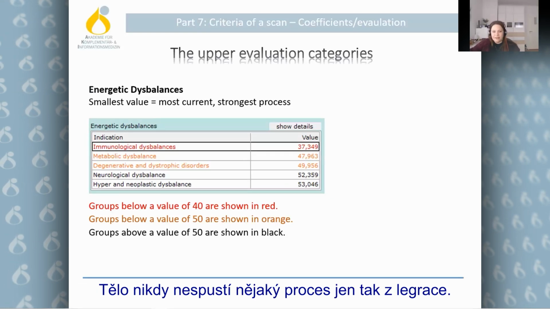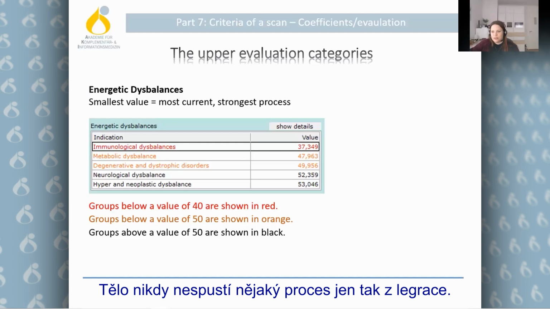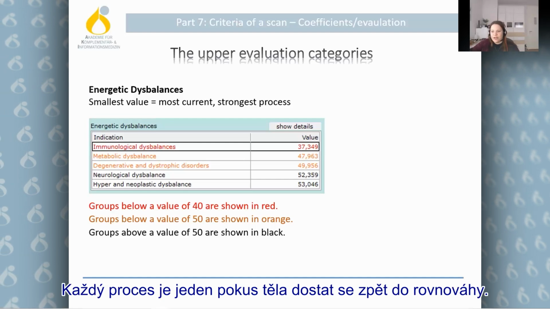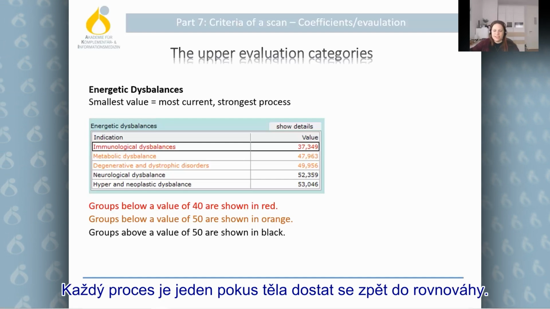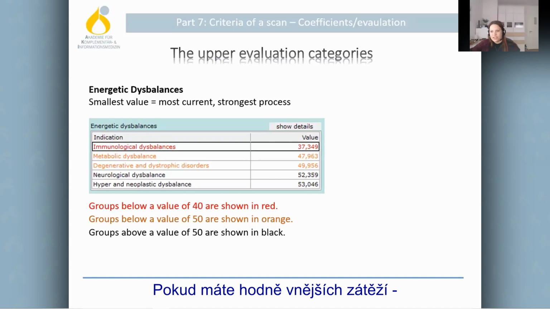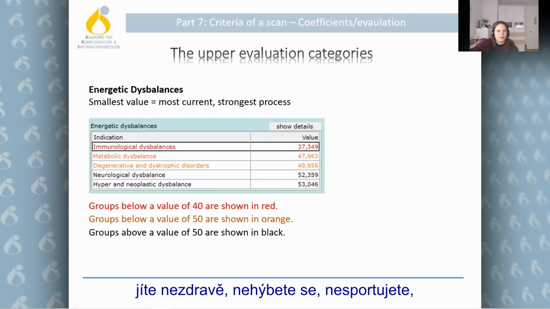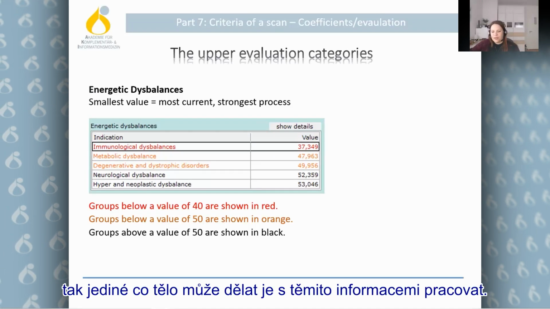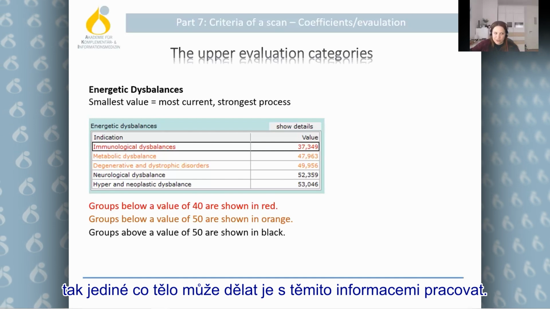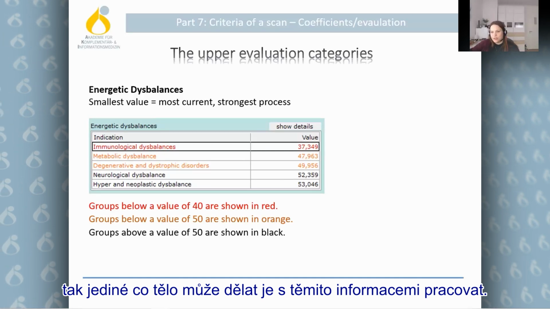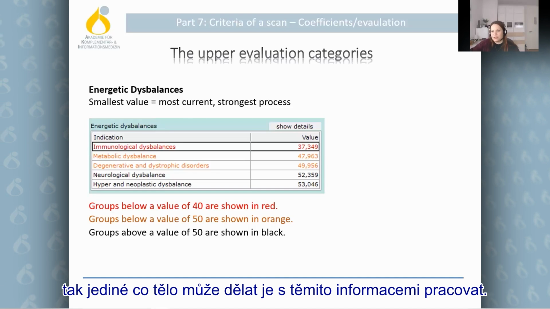So the body never starts a process just because it's fun to do it. So every process is one try of the body to get regulated again. So when you have a lot of stressors from outside, so when you don't eat good, you don't move good, don't do sports or something, the body is only able to work with this information.